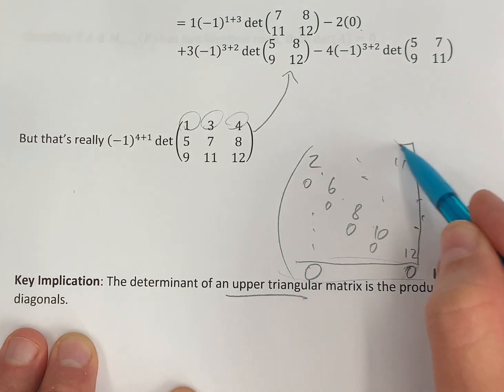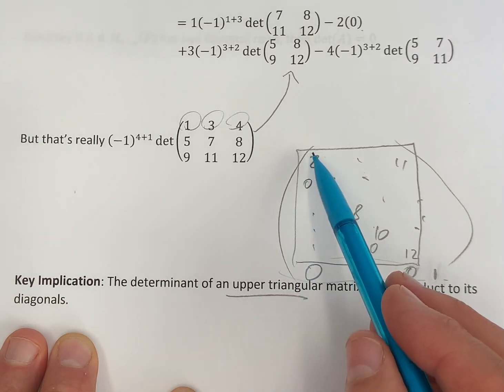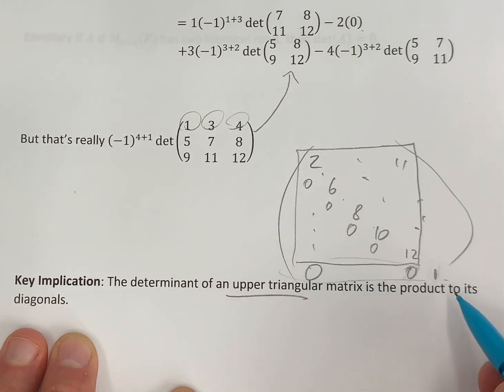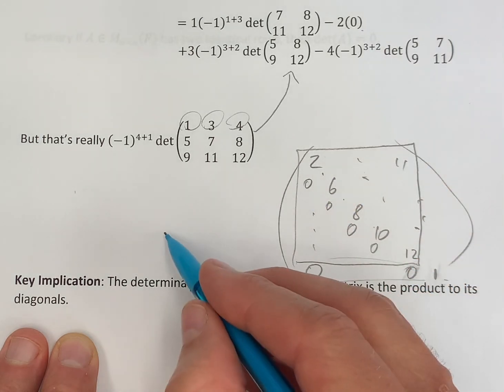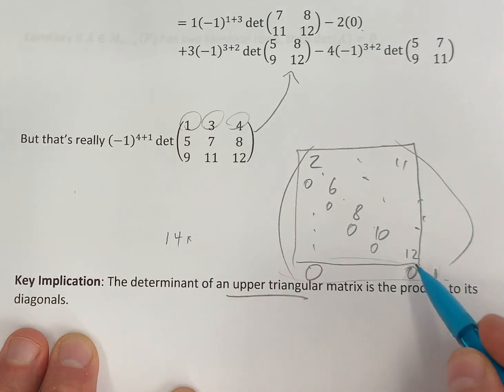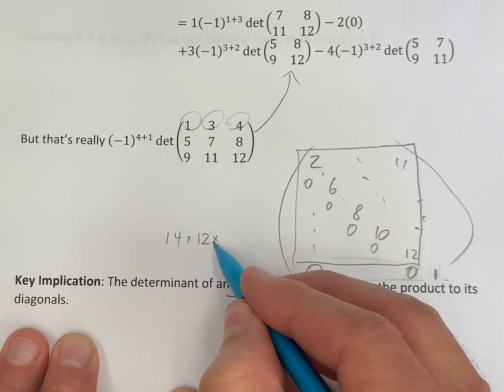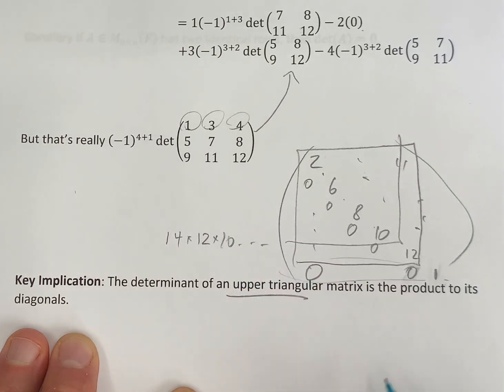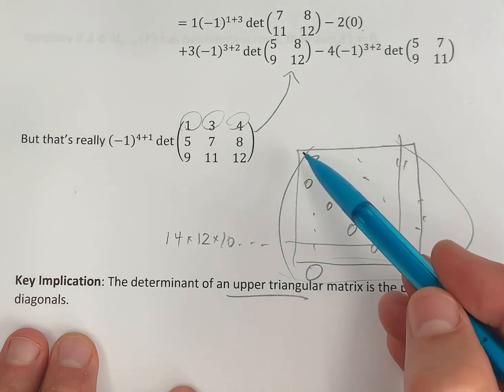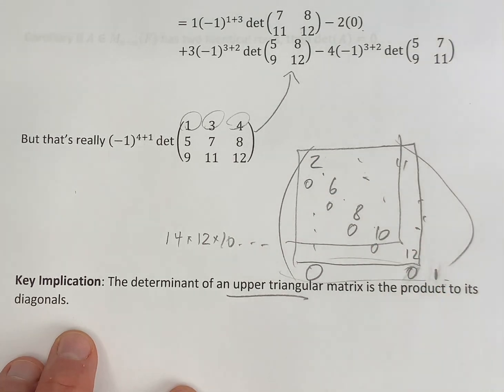Well, it's equal to (-1)^(n+n), that's even, so that disappears, times the determinant of this. So you've got 14 now, times the determinant of this. But by that same first theorem, you can take 12, and it's times the determinant of this, times 10, and so on. So if you can get an upper triangular matrix, it's really easy to take the determinant. You just basically read it off as the product of the diagonals.